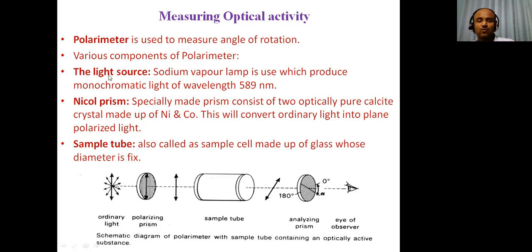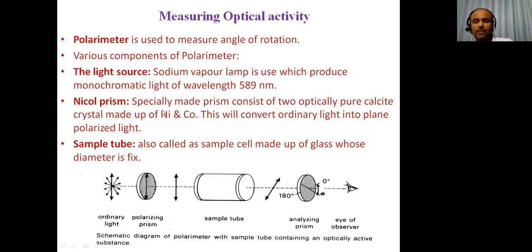First, the light source. A sodium vapor lamp is used, which produces monochromatic light of wavelength 589 nanometer. That is the first component of a polarimeter. The second component is the Nicol prism, which is used to convert ordinary light into plane polarized light.